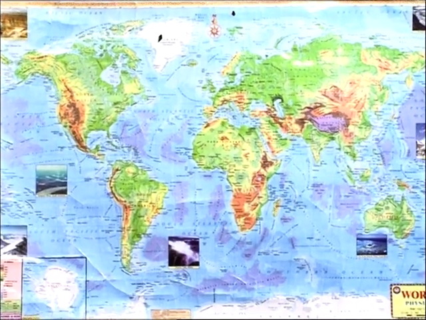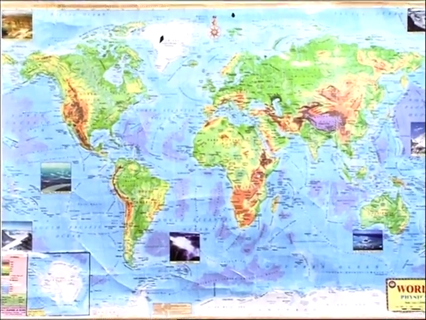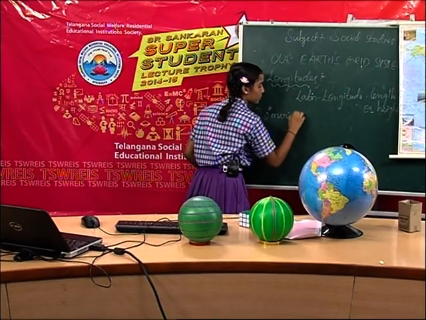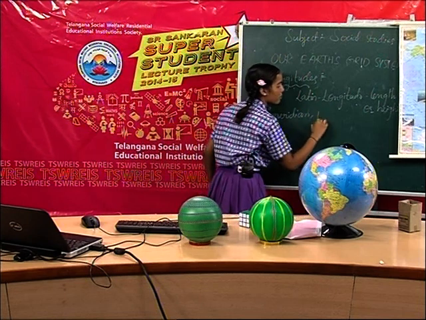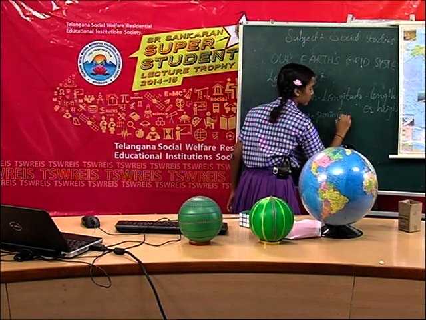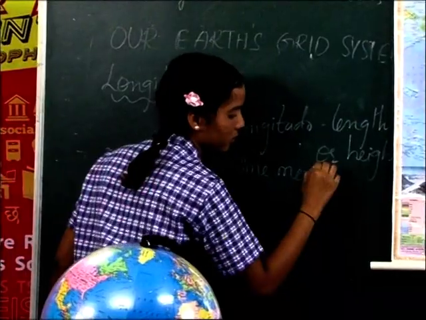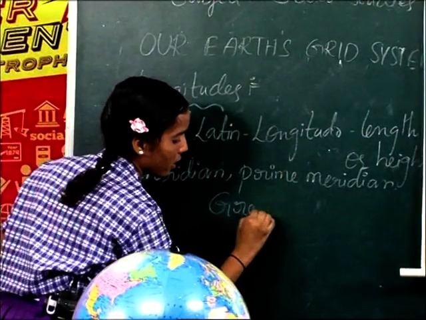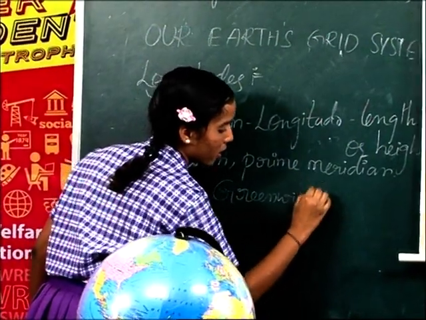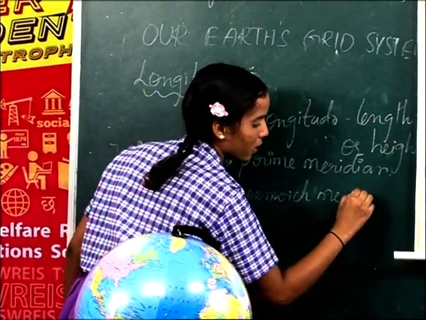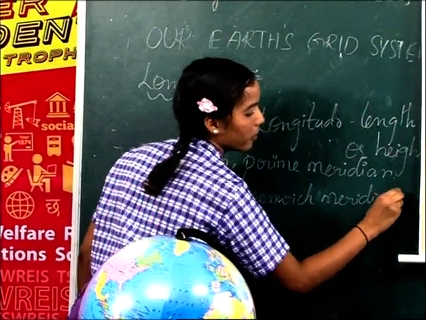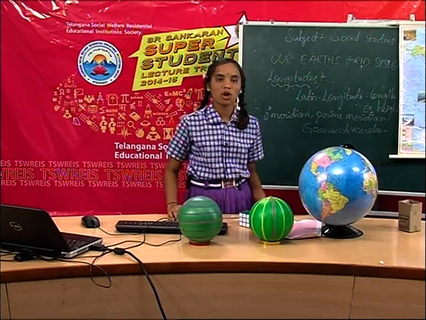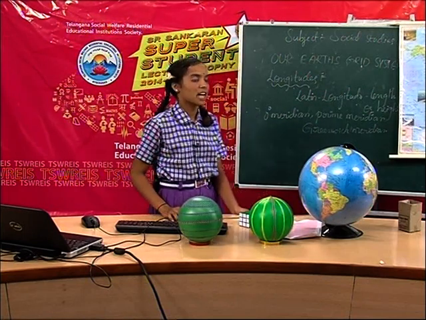And friends, this 0 degree longitude is also called the 0 degree meridian, prime meridian, and Greenwich meridian. Friends, this Greenwich meridian passes through the astronomical observatory at London in England.